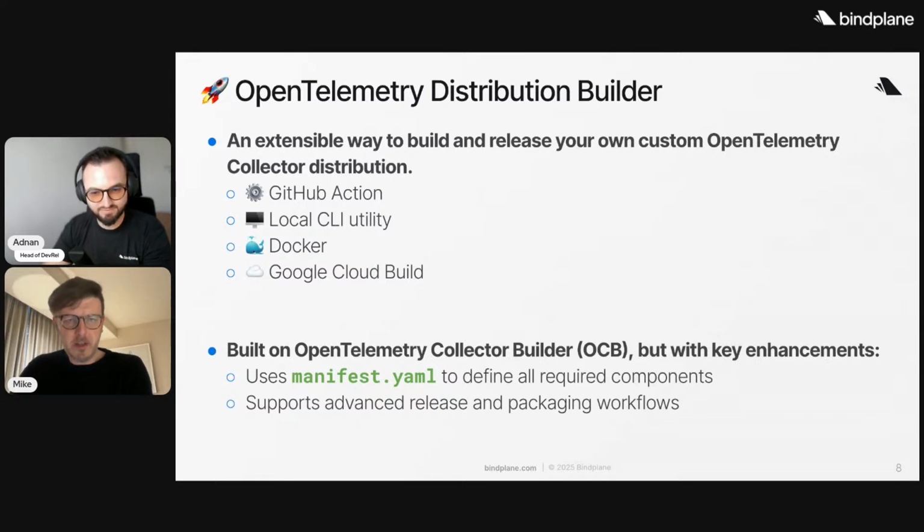But you can also run it locally, and at the core, it's really just a Docker container that is built to take a manifest in and output all of your packages in a release format. We try to bundle a bunch of things together, and there's even a Google Cloud Build script that you can use, so it can take a lot of forms.